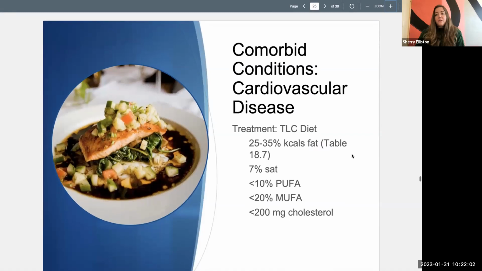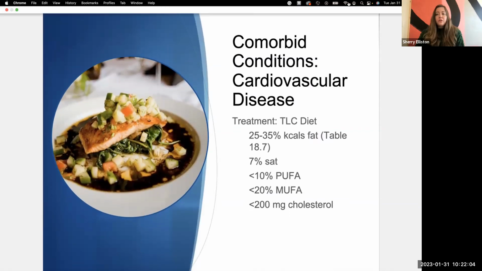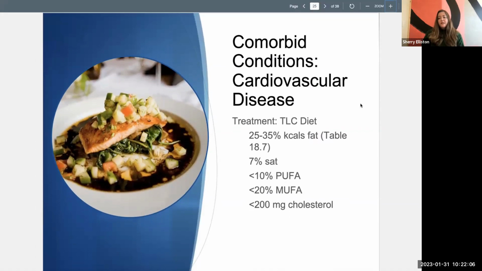So because we know that this is such an issue for our patients, the TLC, you guys remember the TLC diet? It stands for therapeutic lifestyle changes. A lot of patients are put on a diet that is moderate to lower in fat, that includes a good amount of our poly and monounsaturated fatty acids.